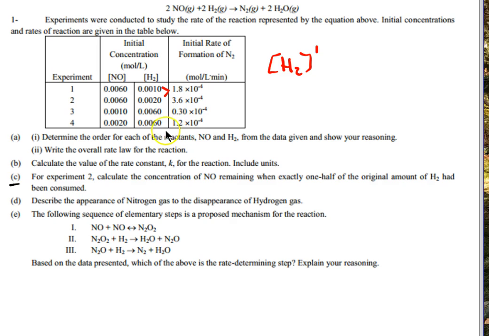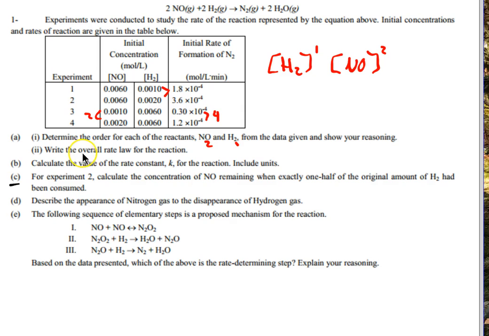All right, then when this one doubles, right here, that's a 2, right? What happens here? That's a 4, correct? All right, so NO would be to the second. So that would answer this. For the reaction of NO, that was a 2. H2, that was a 1.